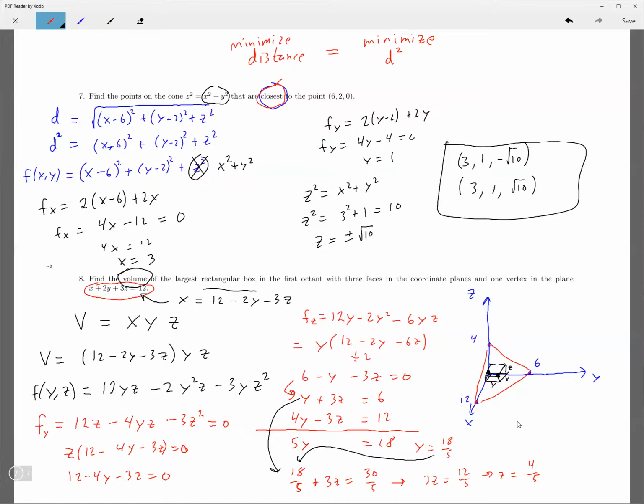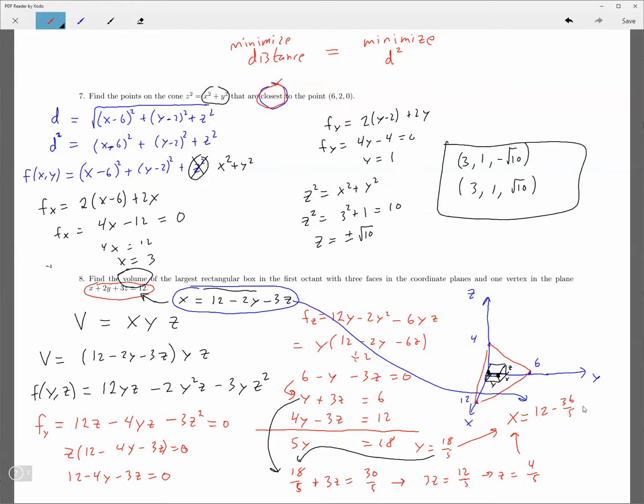Okay, and that means that x is going to be, I'm just taking this equation right here and using that. 12 minus 2y, so that would be 2 times this, that would be 36 over 5.